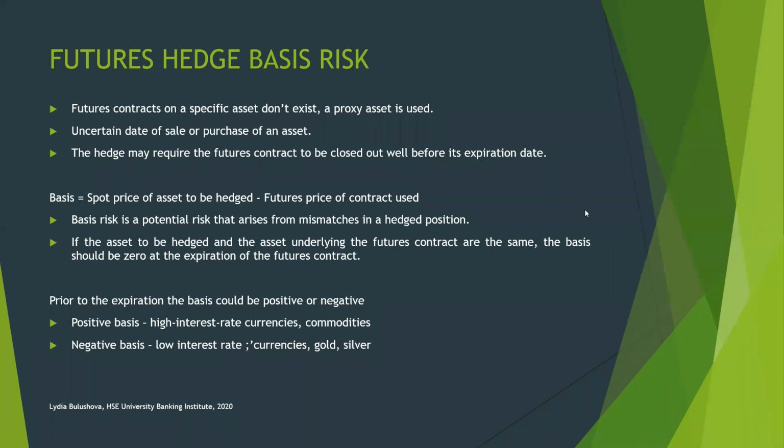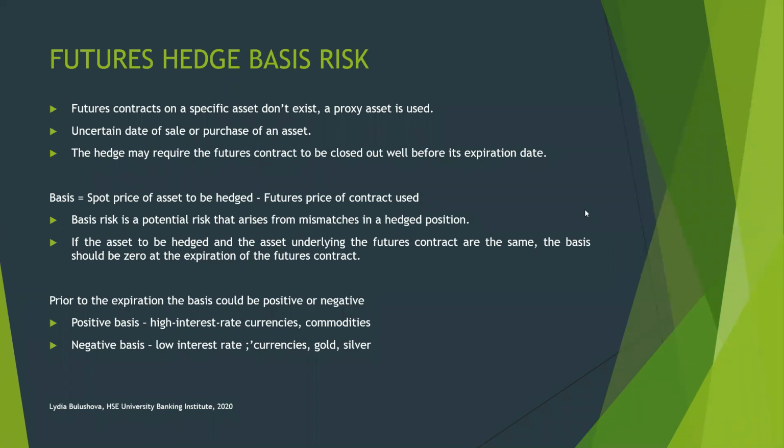So basis risk is a potential risk that arises from different mismatches in a hedged position. First of all, the asset type: you use a proxy, you don't have a futures contract for any type of asset. Dates: futures expire on Friday, your operational date is Tuesday. These two things, timing and asset, give rise to basis risk.